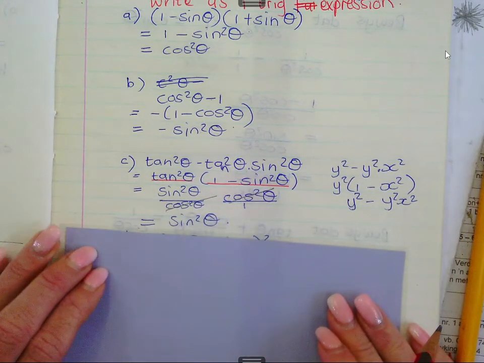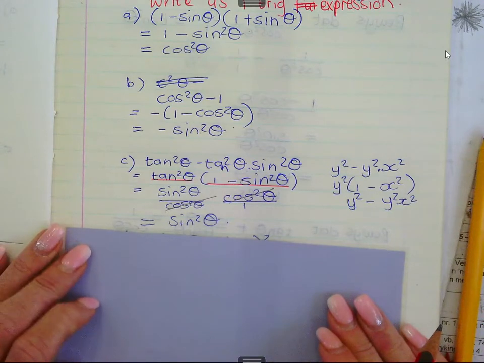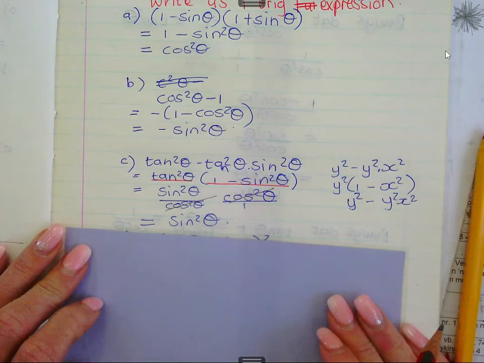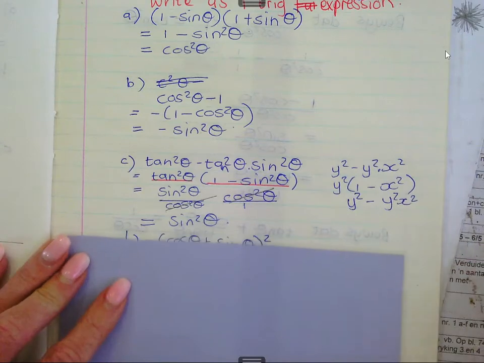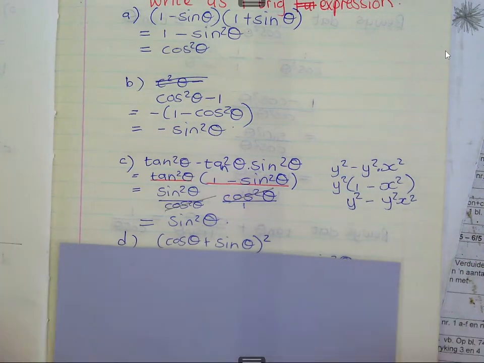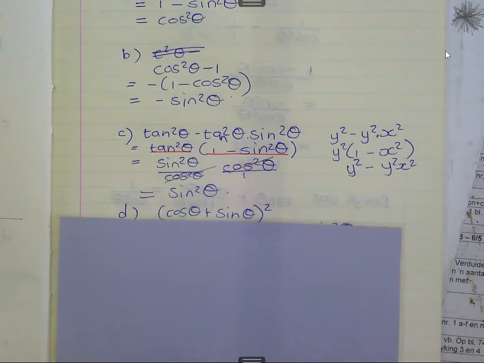And then I've got sin squared theta. Okay, I will do D with you. Do you remember how we square a bracket?